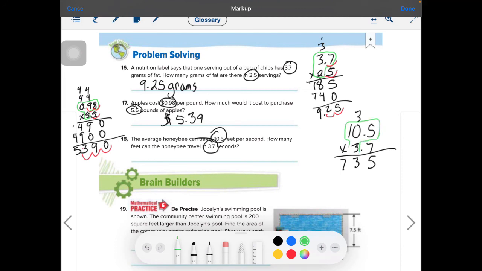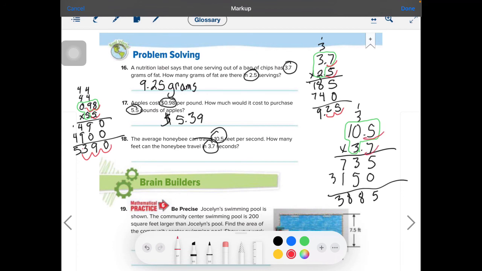Okay, now we're going to do the next section. Then we put a placeholder 0. 3 times 5 is 15. 3 times 0 is 0. Bring down the 1. 3 times 1 is 3. Then we have 5, 8, 8, 3.